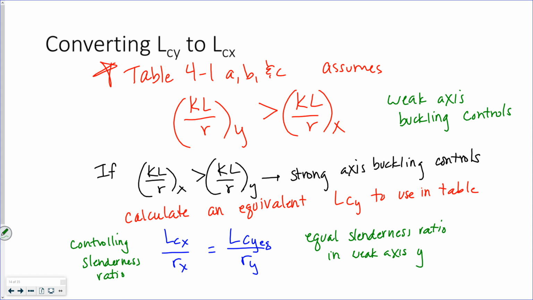This is my controlling slenderness ratio. I'm going to find what the length would be if it was buckling about the y-axis with the same slenderness ratio.